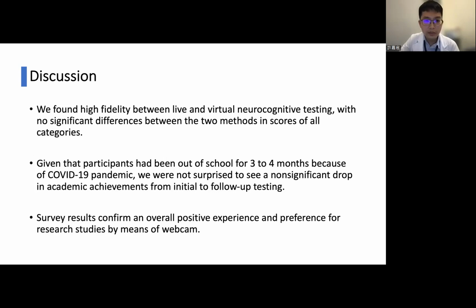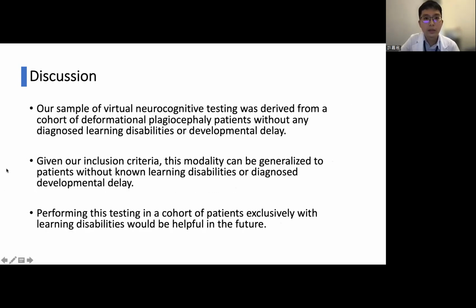And the survey results confirm an overall positive experience and preference for research studies by means of webcam. Our sample for virtual neurocognitive testing was derived from the cohort of deformational plagiocephaly patients without any diagnosed learning disabilities or developmental delay.